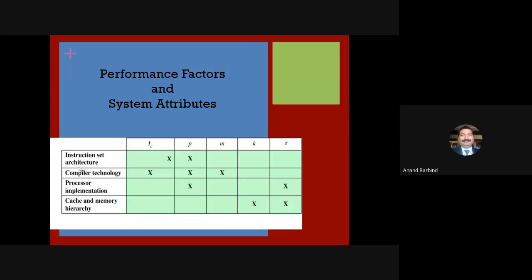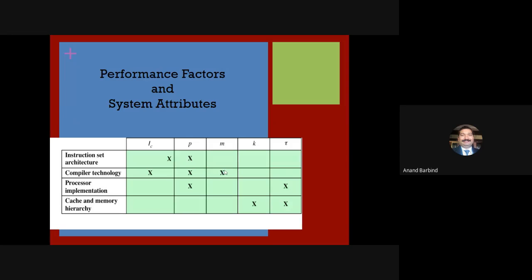The computer technology that you are using, be it VLSI technology or ultra large scale integration technology, may affect the count also. It may affect the execution time and the memory references required.